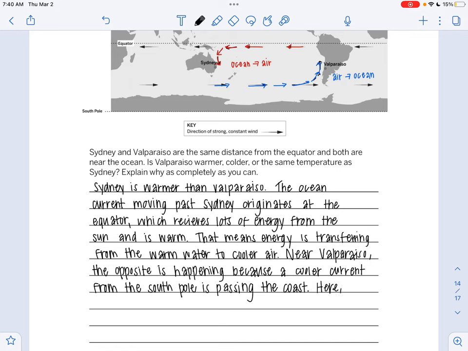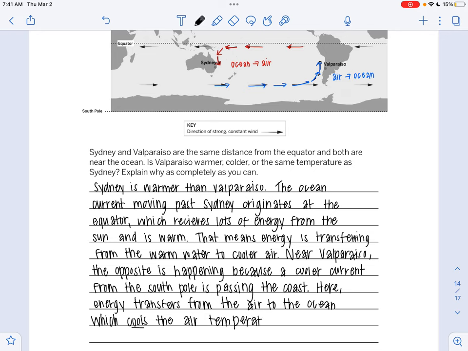I'm going to write here, energy transfers from the air to the ocean, which cools the air temperature. And that's the difference between these two locations.